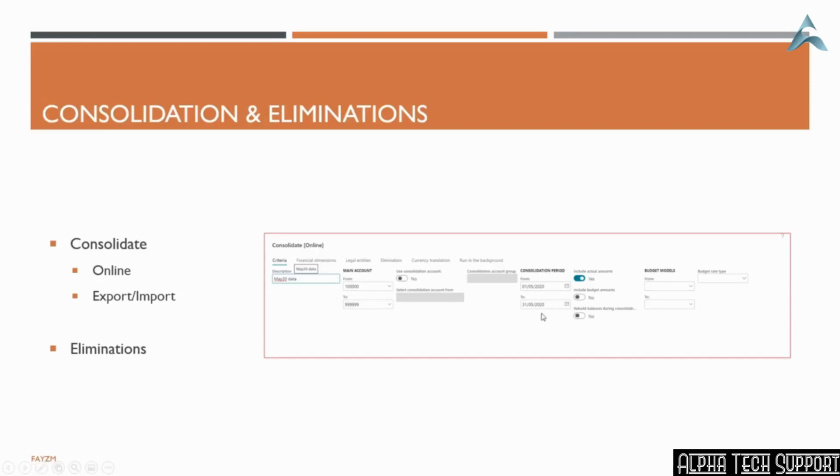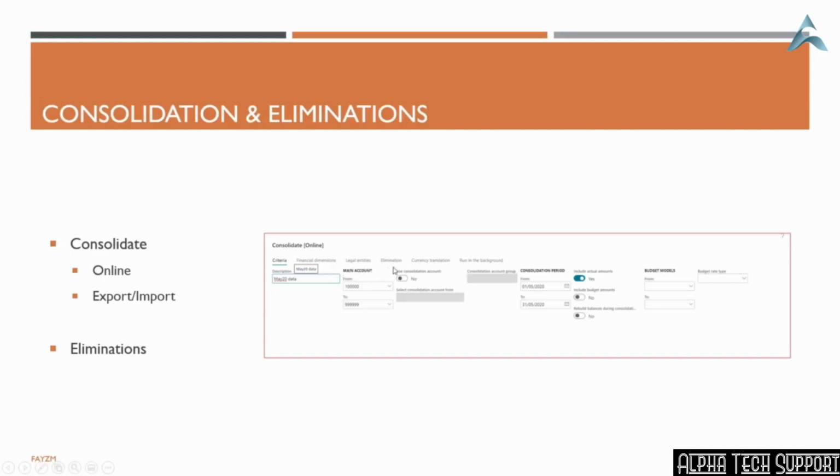And then there is the include actual amounts, which means it goes ahead and picks up the actual transactions being posted. Below that is the include budget amounts in case I want to consolidate the budgets as well as the actuals. In that case, I'll mark include budgets too. Of course, I'll have to give in a budget model when I'm marking this include budget amounts to be pulled. Along with that, there are different tabs for financial dimensions, legal entities, and elimination as well.